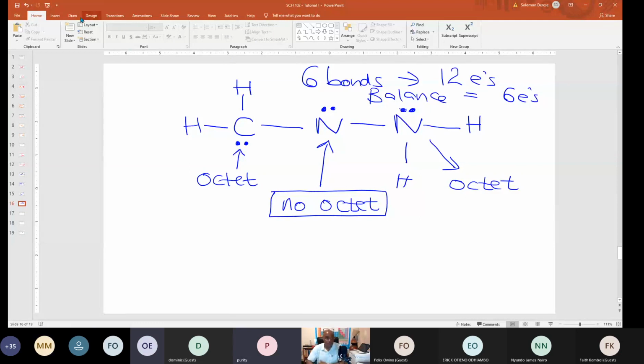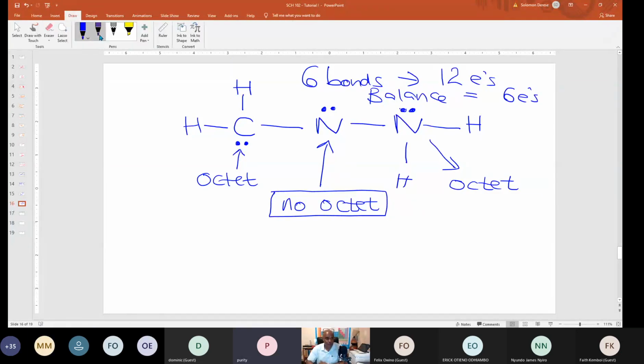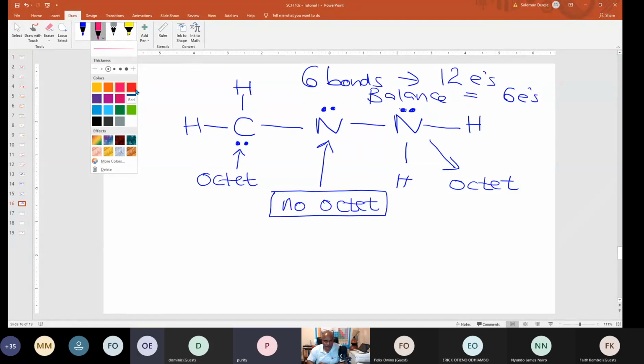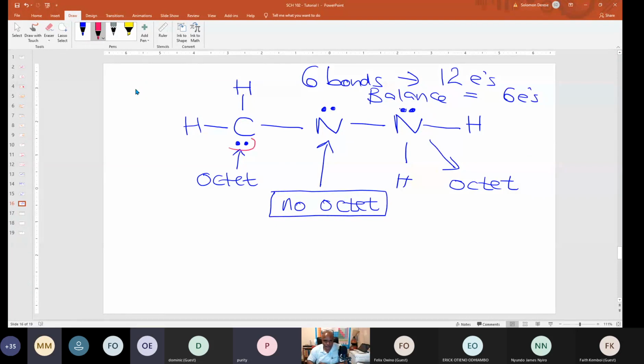So now, I will use this lone pair of electrons to form a double bond with the nitrogen, okay?